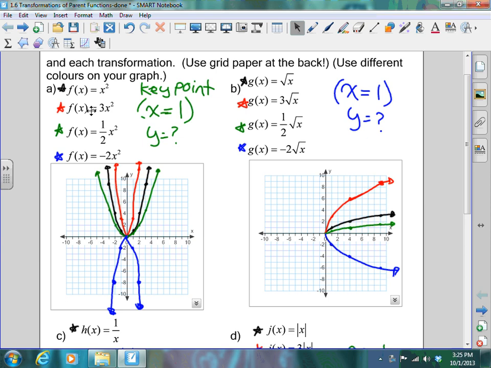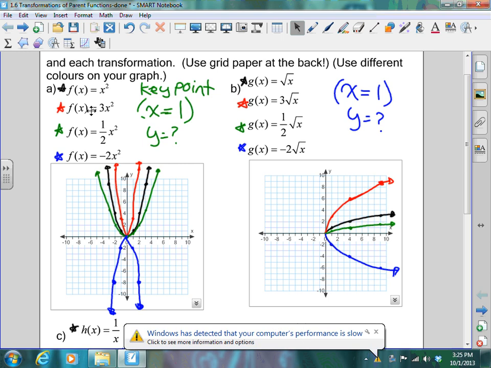When x equals 1, in this case, y equals 1. So 1, 1 is our parent key point. What happens to that point when we look at the red graph? Instead of it being 1, 1, it's 1, 3. So what's actually happened is it's been stretched vertically by 3. So in this case, we're going to write down a equals 3.